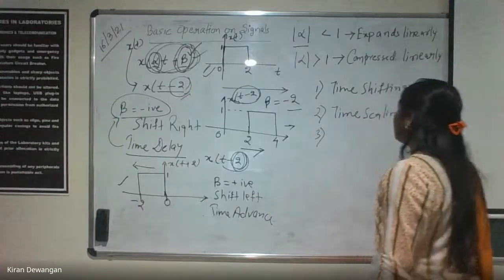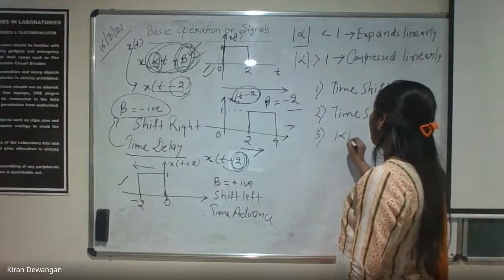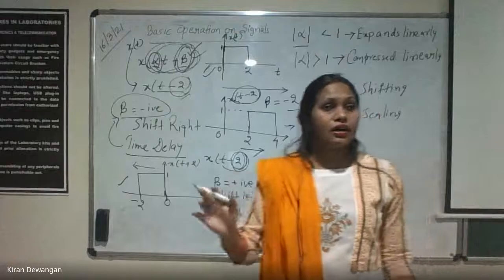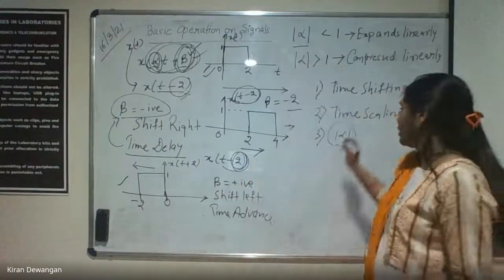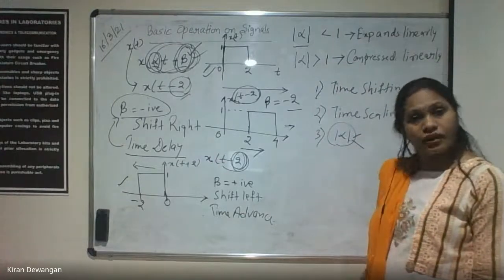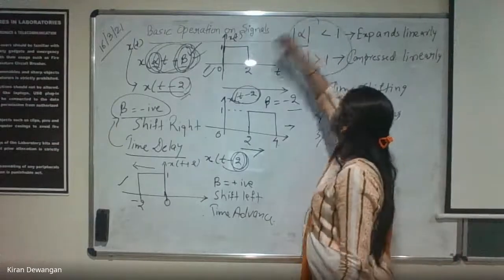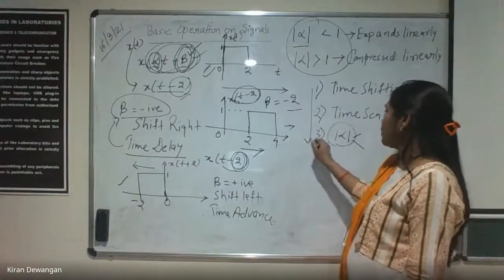The third step is to check, depending on the value of alpha, whether the signal will get compressed or expanded. So we'll check with these conditions and accordingly we'll decide. These are the three steps that we'll have to follow.